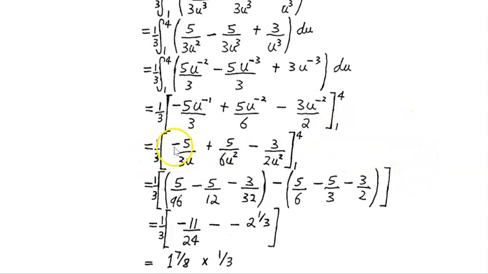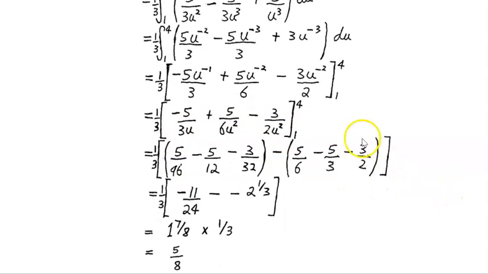Let's tidy this up a bit, taking the u's downstairs again: minus 5 on 3u plus 5 on 6u squared minus 3 on 2u squared. Now evaluate between u equals 4 and u equals 1, replacing the u's with 4 in the first set of parentheses, minus replacing the u's with 1 in the second parentheses.